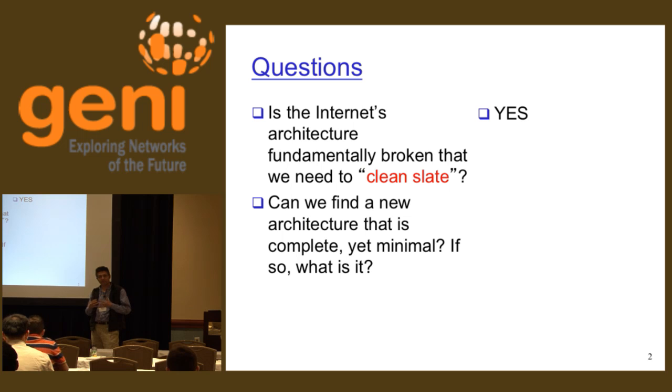So we want to come up with a model that is complete in the sense of supporting services and capabilities that we would like to support, and we find a hard time to support on the current internet architecture, and also try to have a minimal model, a minimal set of mechanisms that we need to support these capabilities.